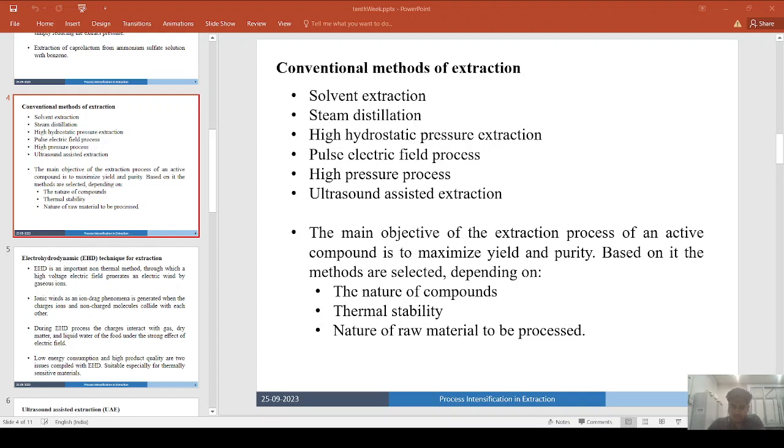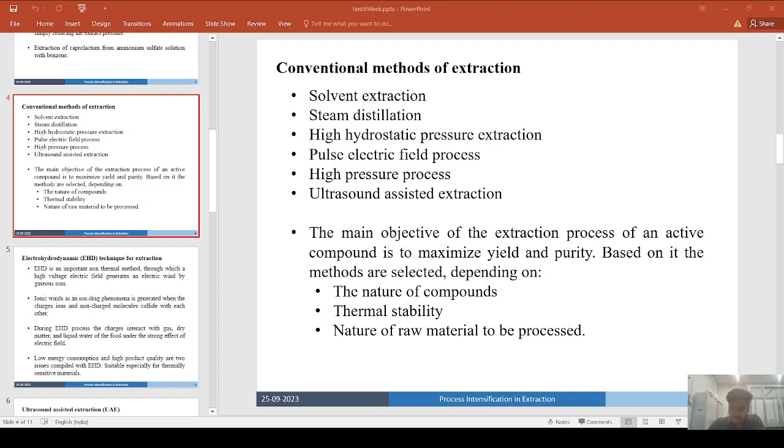Why is intensification required for the traditional or conventional methods of extraction? The government health and environmental regulatory requirements on the use of organic solvents have encouraged active research on clean extraction techniques.